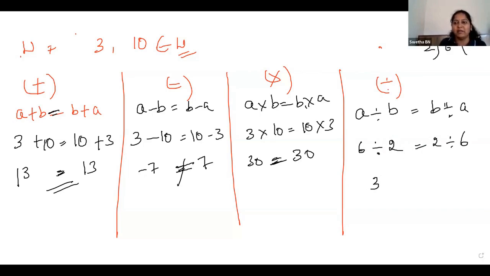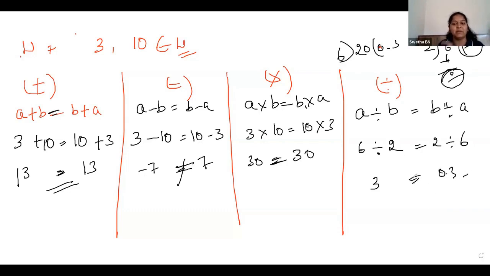What is the answer? You should not say 0. It should be 3. 3 is the answer. If you divide 2 by 6, see, what will you get as the answer? You will get decimals, right? It is 0.3 something. So we don't get the same, LHS and RHS are not equal.